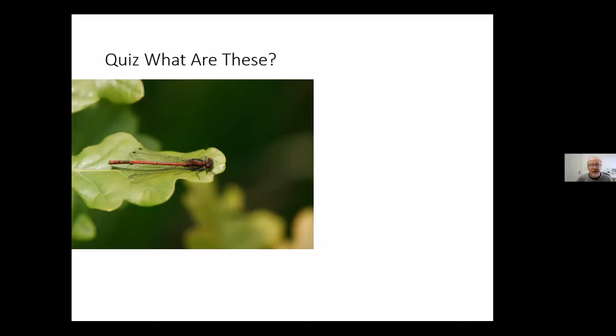How do we know that? Because it's a damselfly and it's red. And in your region, the only one that is red and a damselfly is the large red. Therefore, you cannot get that one wrong. Well done, whoever said that. It's a large red damselfly.